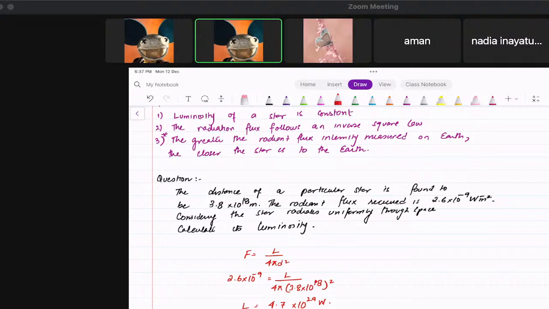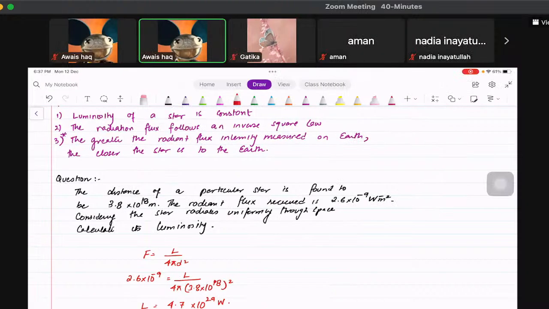All right. Now, let's go to the next thing. The objective of our studying this is to study the objects found in space, right?